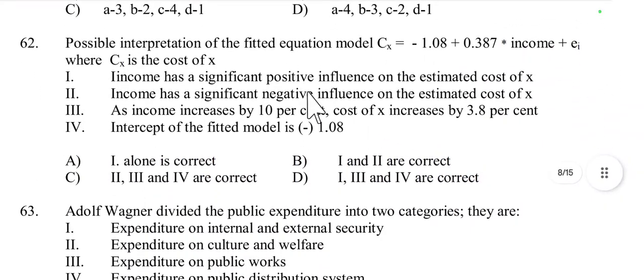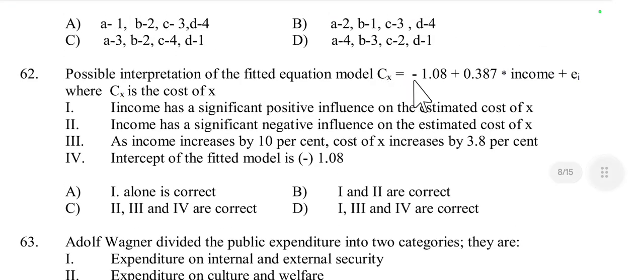Then question number 62, possible interpretation of the fitted equation model Cx is equal to minus 1.08 plus 0.387 income plus Ei, where Cx is the cost of X. What does it indicate?